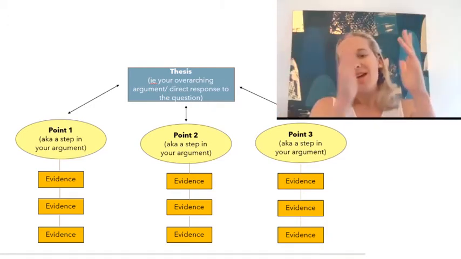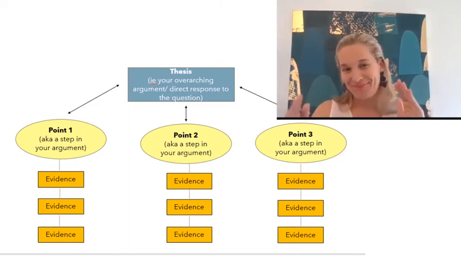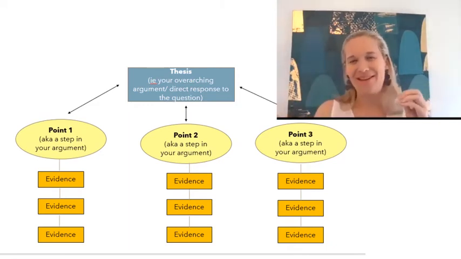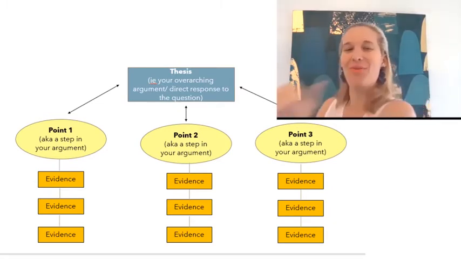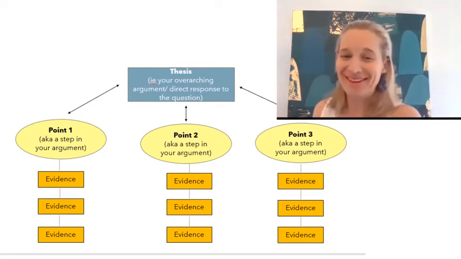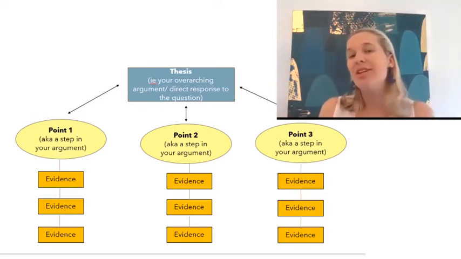All right, now the next layer we have our sub-arguments or our sub-points. I like to describe this to my students as the stepping stones along the way to proving your thesis. What is it you need to prove?